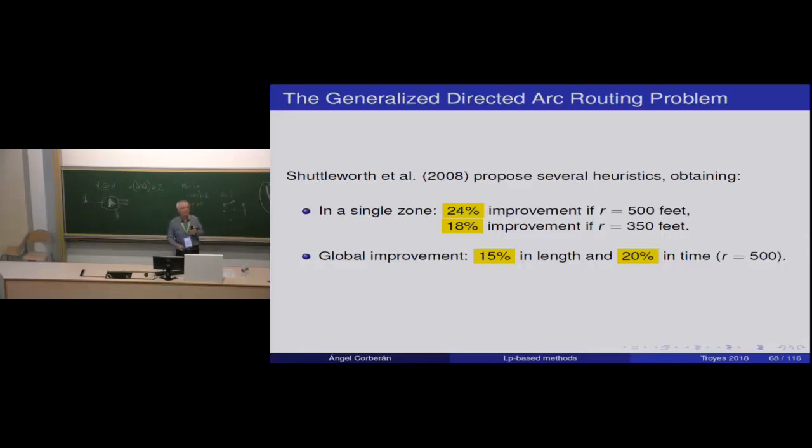They found some solutions, and with respect to the solution that was implemented until then, they got this improvement if the device on the vehicle could read anything within a radius of 500 feet. Only 18% if the radius is of 350 feet.